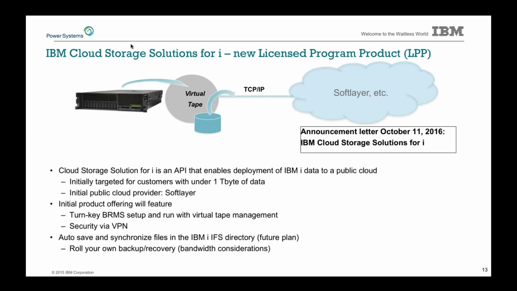Basically, in a nutshell, allowing you to do a system save, and as opposed to saving that to some type of optical media, tape drive, or some other type of physical device, you can save it to the cloud. And you can go to a place like SoftLayer, for example, and you can save your data there.